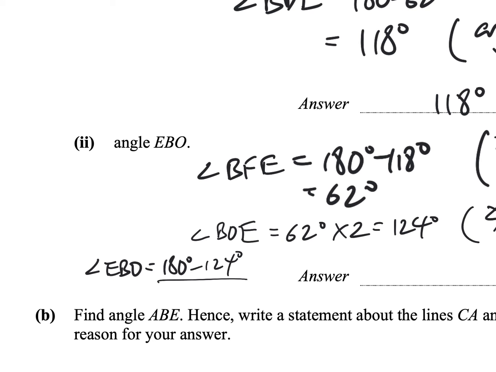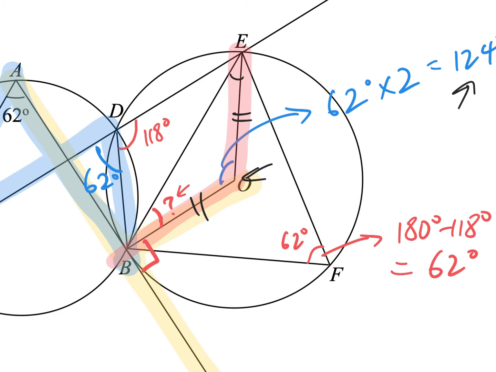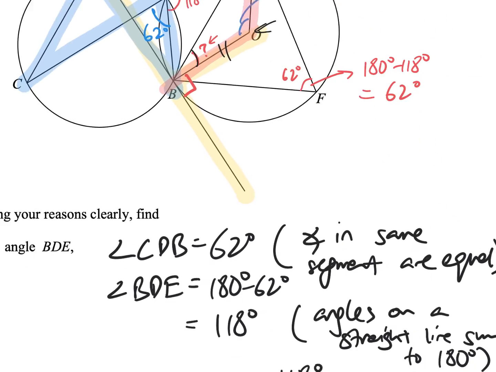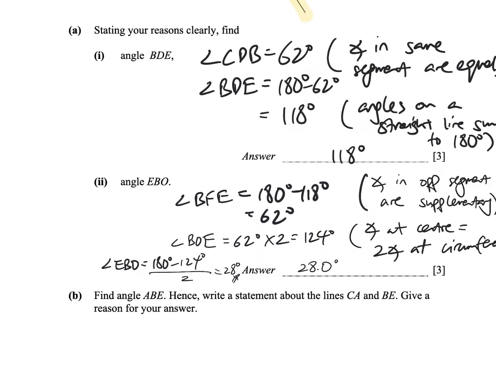And then we divide that by 2 because it's an isosceles triangle, so both angles are the same. So we divide by 2. And what do we get? We get 28 degrees. There you go. Of course, we put it to 1 decimal place for angles.